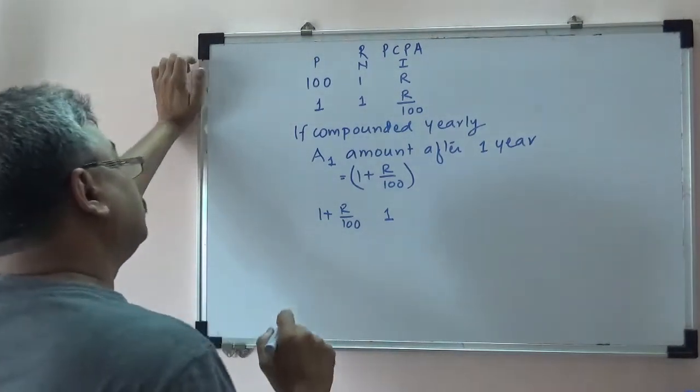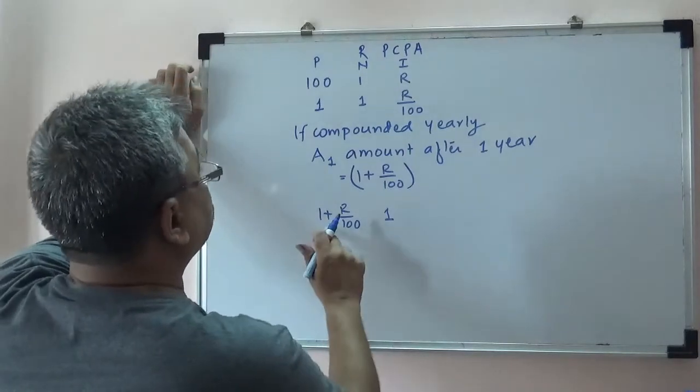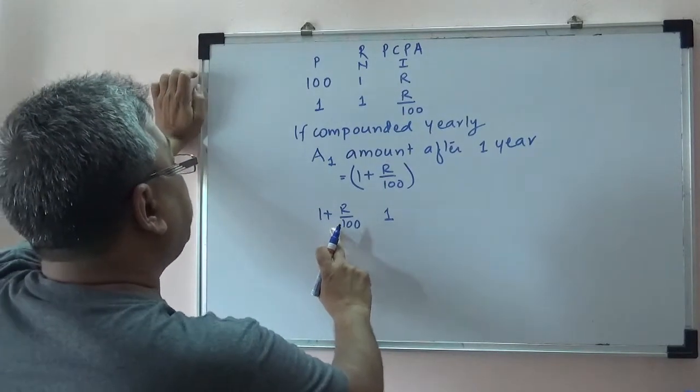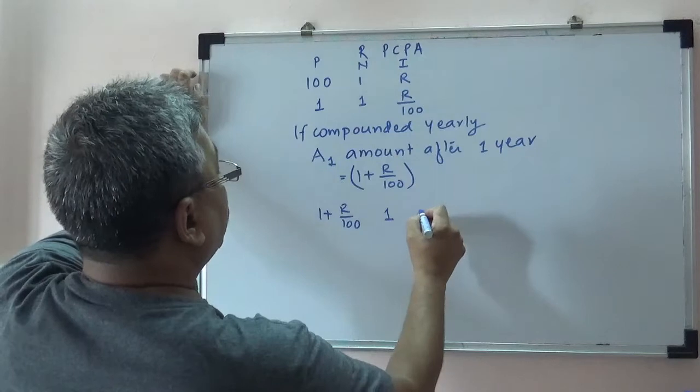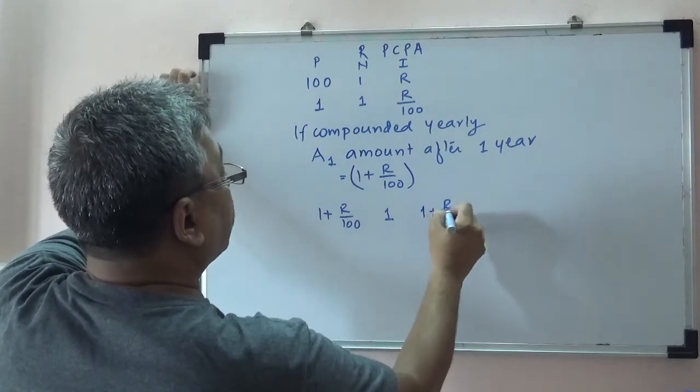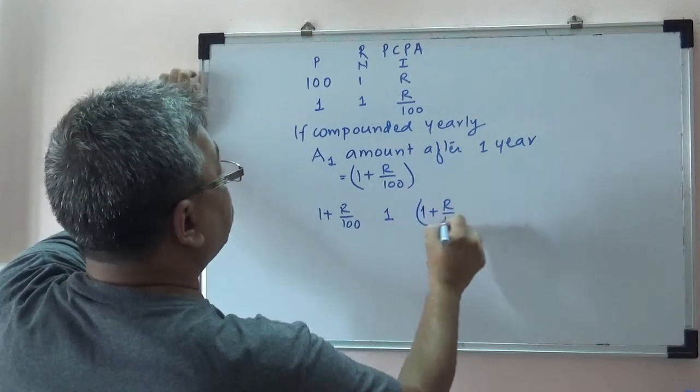How much will this eventually become as interest? This is my principal, I am keeping it for 1 year, so 1 plus R upon 100 is my principal.